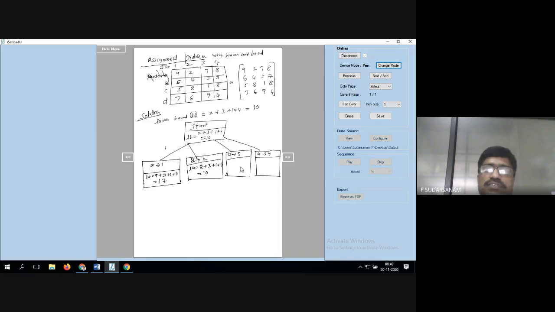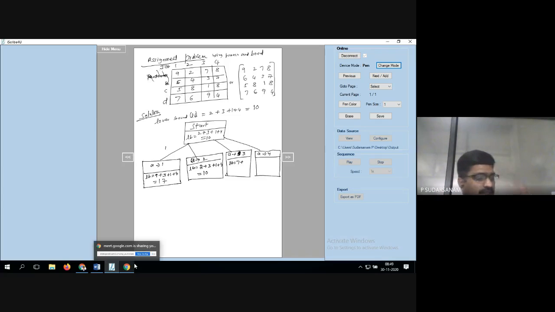Now A is equal to 3. Looks like 3, 5 only, so 3. Write this value first. Lower bound is equal to 7 plus.